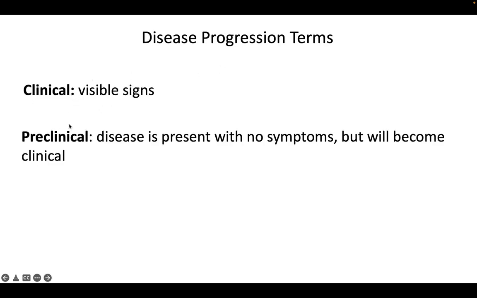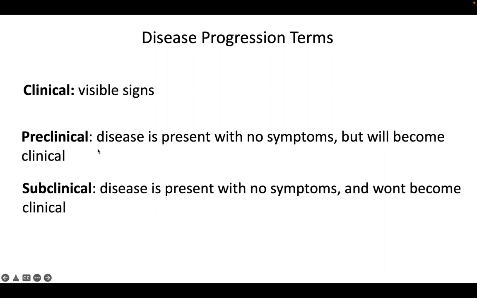So when a disease is clinical, it means there's visible signs. Preclinical means that the disease is at a really early stage where there are no clinical signs yet, but clinical signs are soon to come. A subtly different thing is subclinical. Subclinical is when the disease is present and doesn't have symptoms, but it's not going to go on to become clinical.